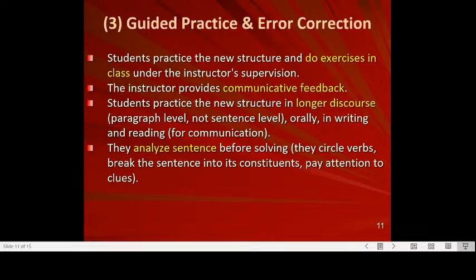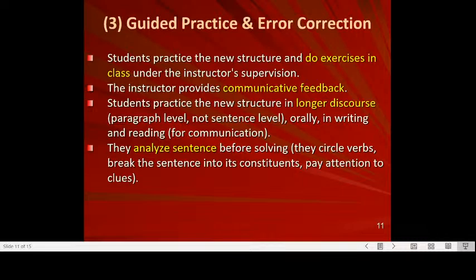Now, the third stage, which is the guided practice and error correction stage. In this stage, students practice the new structure and do exercises in class under the instructor's supervision. The instructor provides communicative feedback. The students practice the new structure in longer discourse.